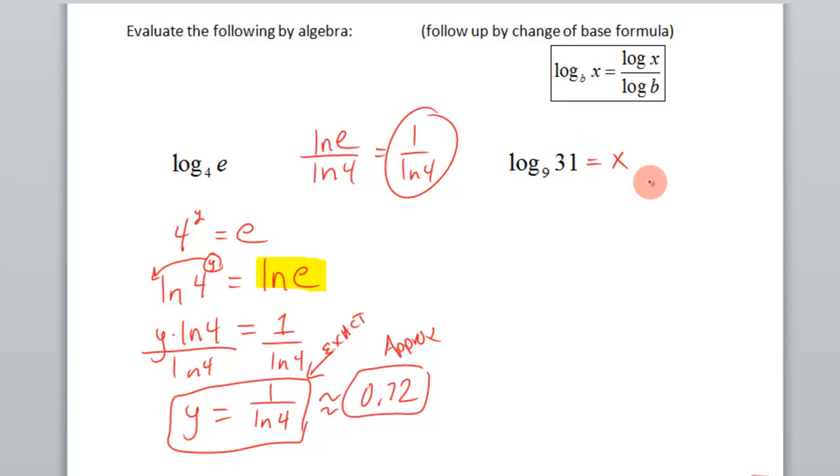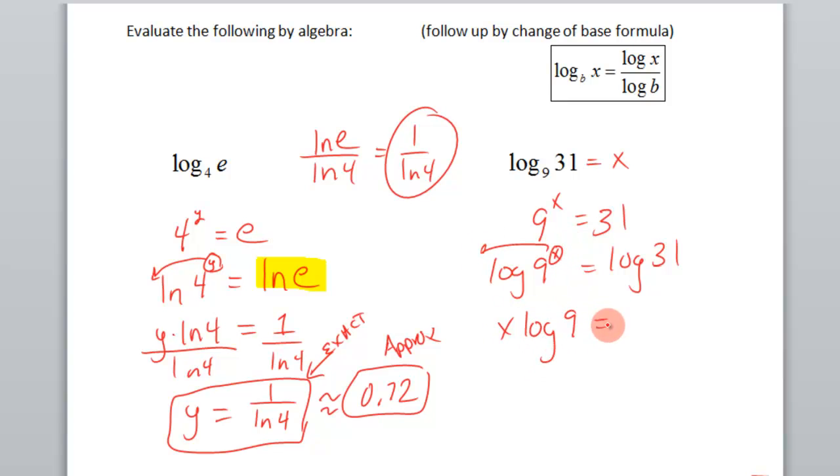Let's make this equal to x this time. Again, 9 to the x equals 31, right? Log both sides, base 10 this time, because there's no e, I could use natural log, I'm just using base 10. Power rule. Divide both sides by log 9. So we have log base 10 of 31 over log base 10 of 9.